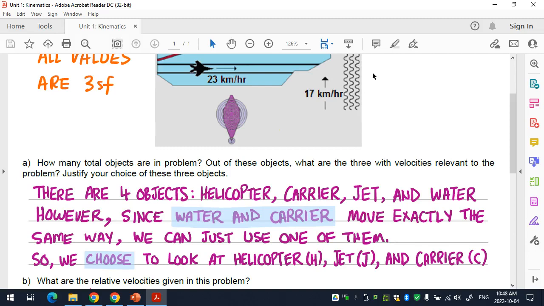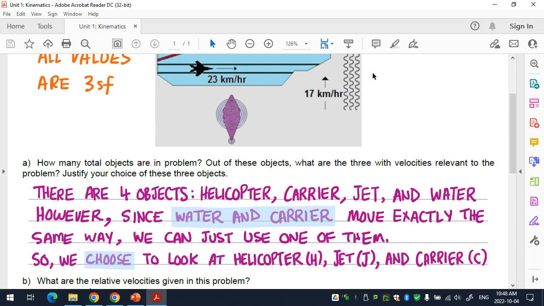B. Okay. Everyone, this 17 kilometers per hour north. That's the velocity of what? According to what? Remember, we have three things here. What is moving at 17 kilometers per hour? We said we're not going to take the water. We said we're going to go in favor of the carrier. So the carrier is moving at 17 kilometers per hour.